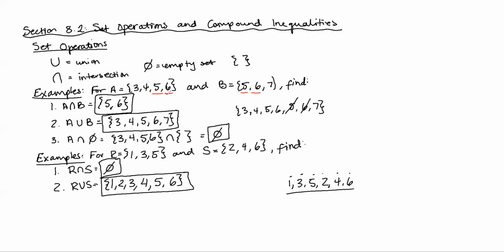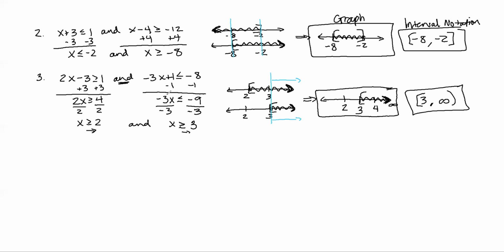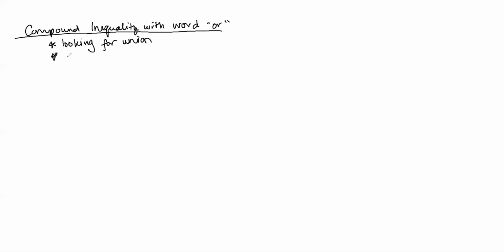You can think about it like the furthest left to the furthest right on the graph. I also like to think of it as you're looking for everything that is shaded. So no longer the overlap. I want everything that's on the graph, or everything that's on both graphs.